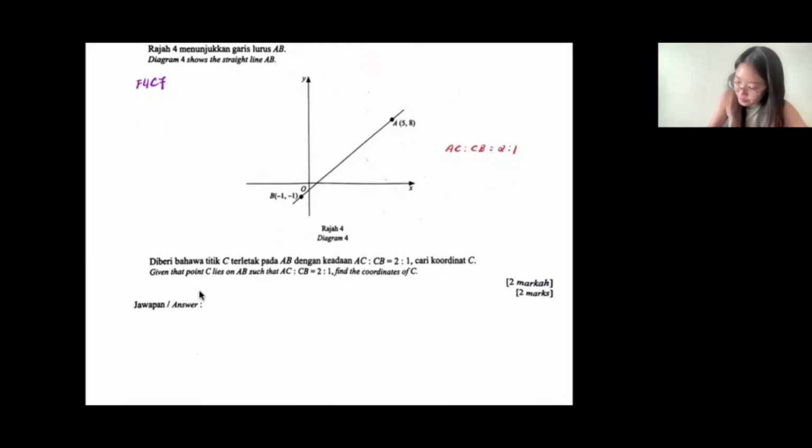So ratio AC to CB is 2 to 1. Your question to yourself is, is C closer to B or A? CB takes 1 part, AC takes 2 parts, meaning it is further away from A, closer to B. So let me just plot it over here anywhere. C is (x, y), for example, like this.